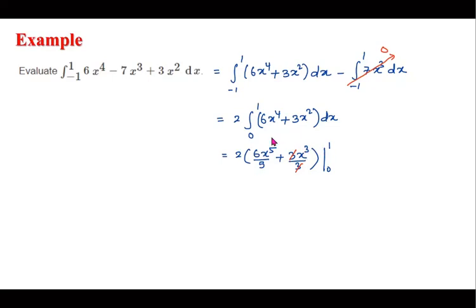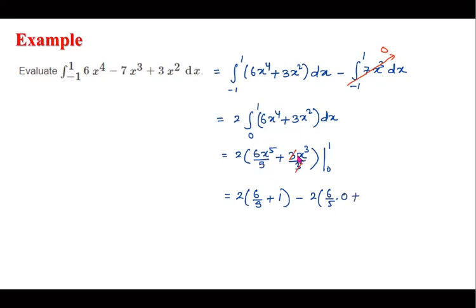So if you plug in 1 into this function, this is equal to 2 times 6 multiplied to 1 to the 5, that's 6 over 5, plus 1 cubed, that's 1. And then minus, you plug in the lower limit, so you have 6/5, and then 0 to the 5 is 0.